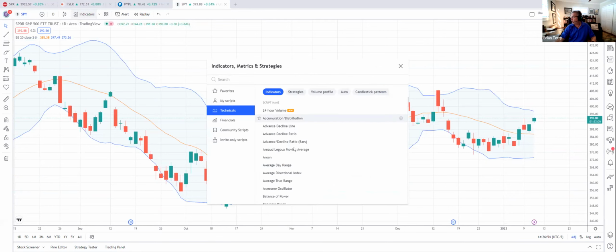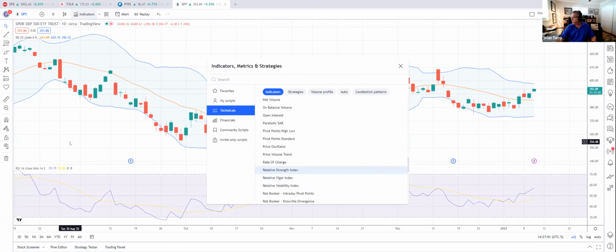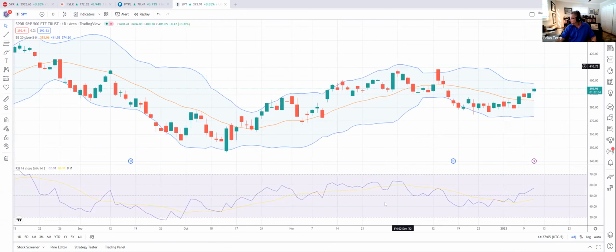So let's get out of that one because I don't want to clutter things up too far. Let's look at RSI, Relative Strength Index. To me, this one is a nice one because it shows you when a stock is completely oversold. It breaks below that 30 level, or if it gets above this 70 level, then it would tend to be overbought.